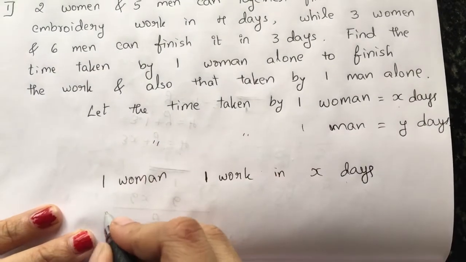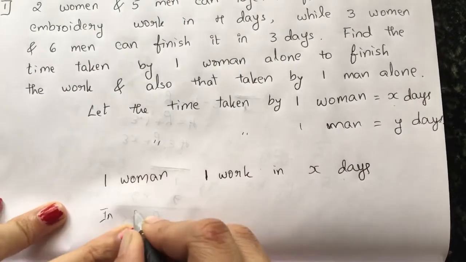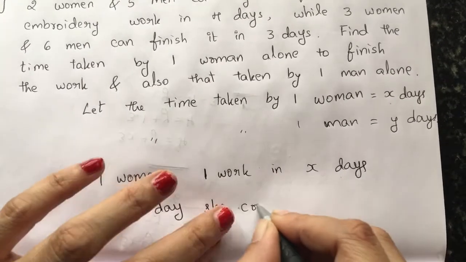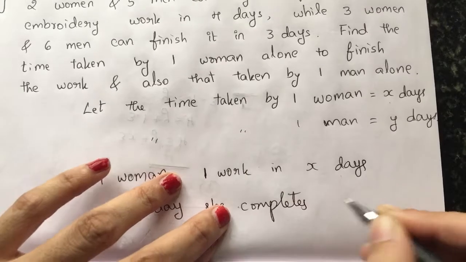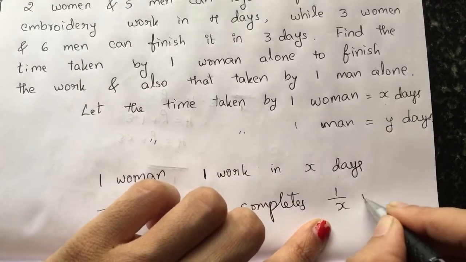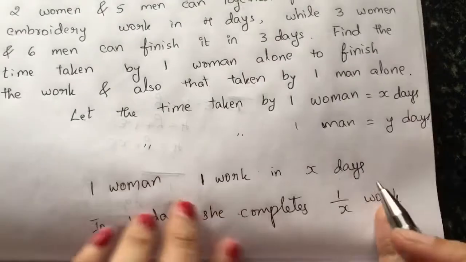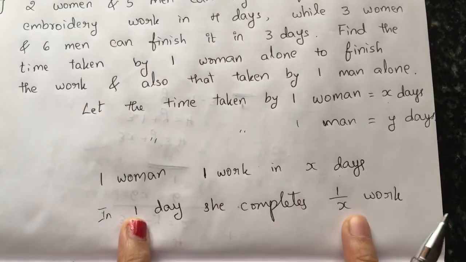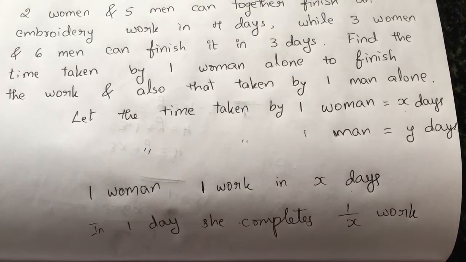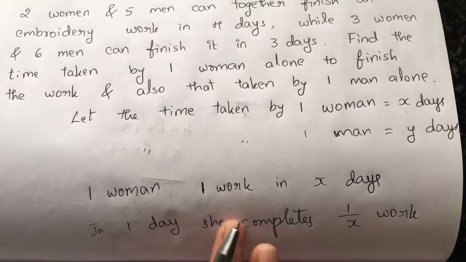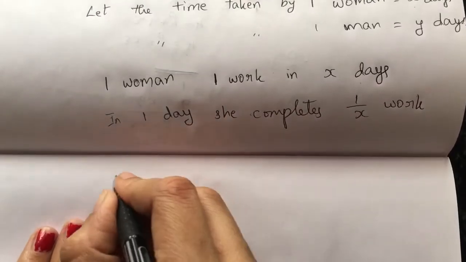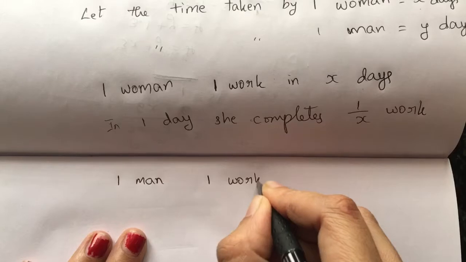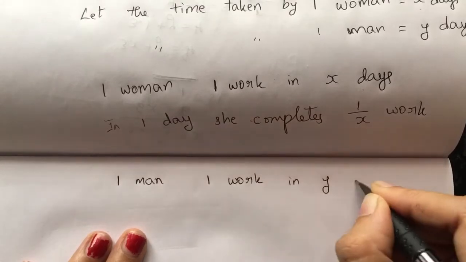Okay. So I can write in one day she completes 1 by X work, right? One work in X days. So in one day, 1 by X work. Hope you got this. Now similarly for one man, is doing one work in Y days, right?